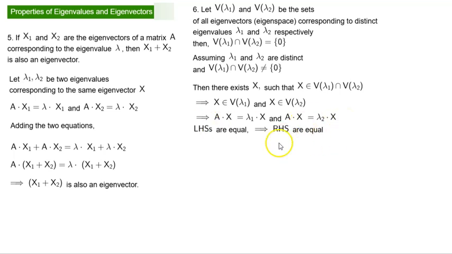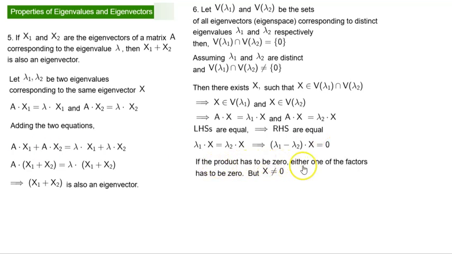Left hand sides are equal. That means right hand sides are equal. So lambda 1 times X is equal to lambda 2 times X. This implies (lambda 1 minus lambda 2) times X equal to 0. And if the product has to be 0, one of the factors has to be 0. But X is not equal to 0.